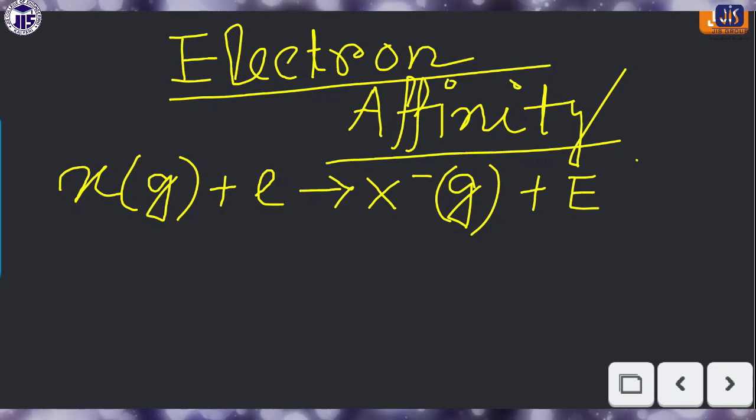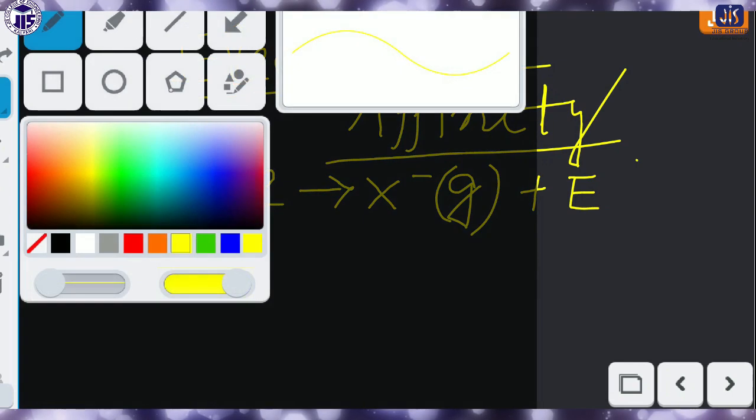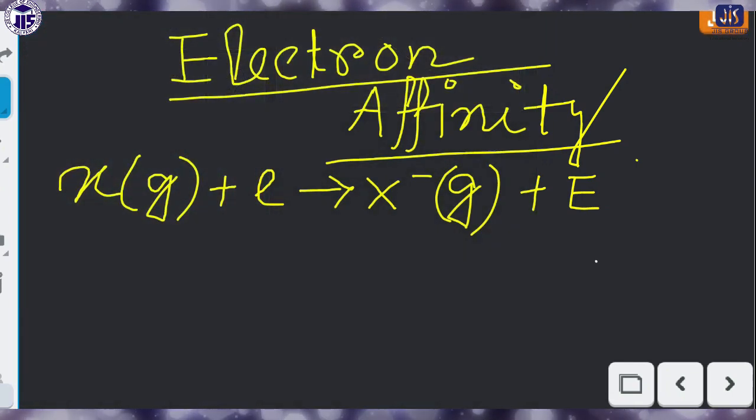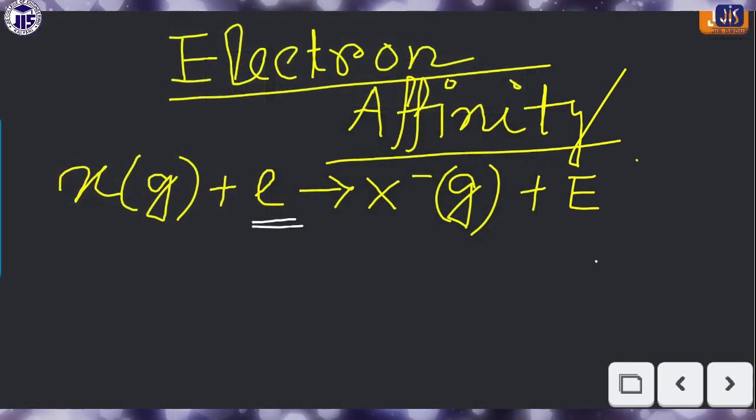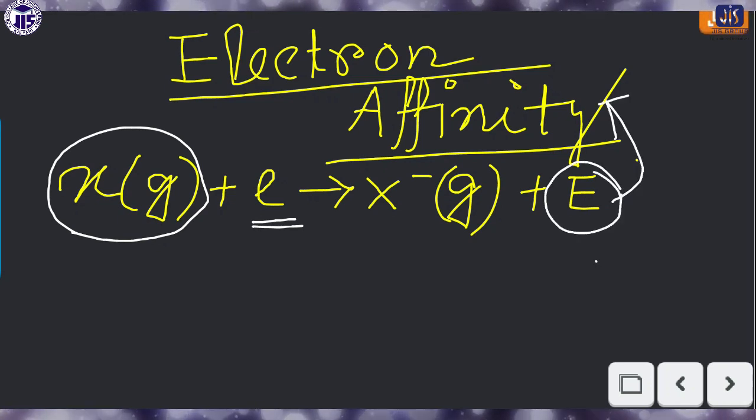Just keep in mind, this is a theoretical condition, an ideal condition, because in the practical scenario it is not possible to make an isolated gaseous atom. So theoretically, the amount of energy released to add an extra electron to the outermost shell of an isolated gaseous atom in its ground state is called electron affinity or electron gain enthalpy.